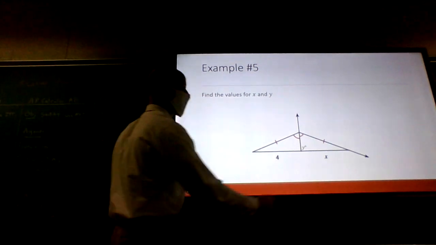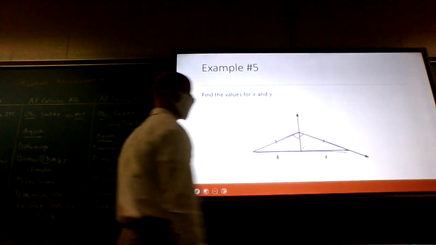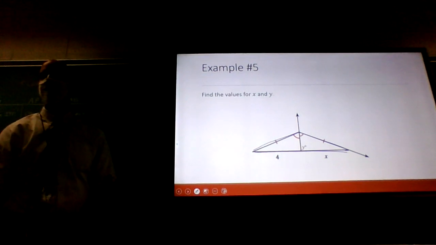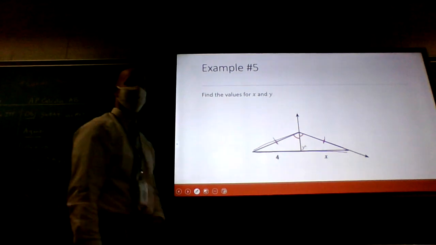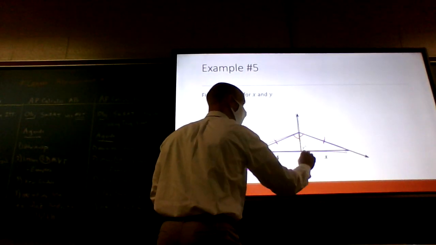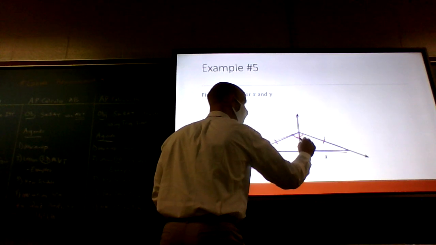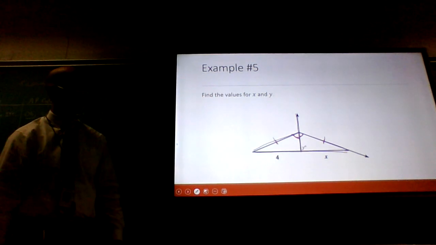So here's a question for you. Do you see this triangle right here? You see the purple triangle I just drew? Would you agree that this side is congruent to that side, making it an isosceles triangle? Would you agree that this ray right here actually bisects that angle into two congruent angles? Yes. Great.